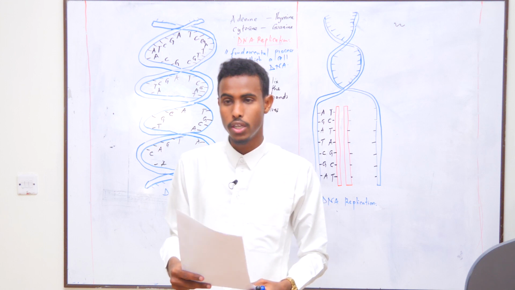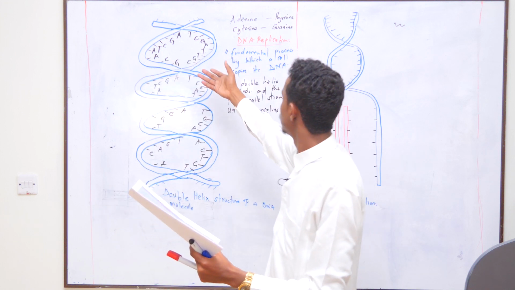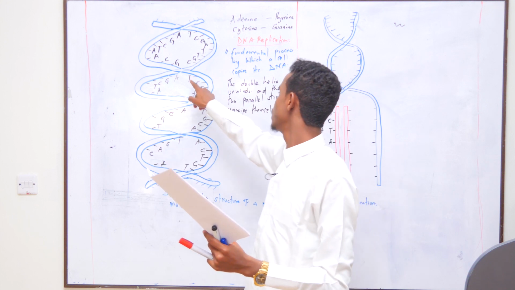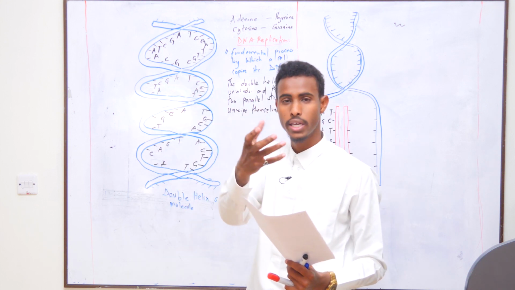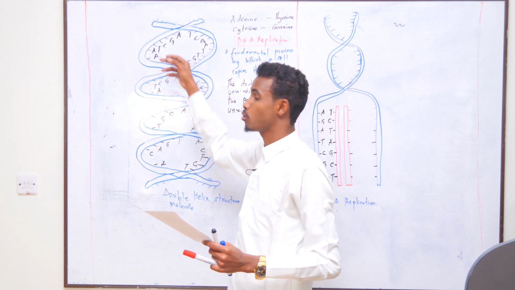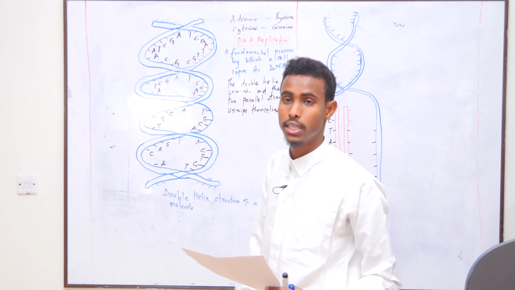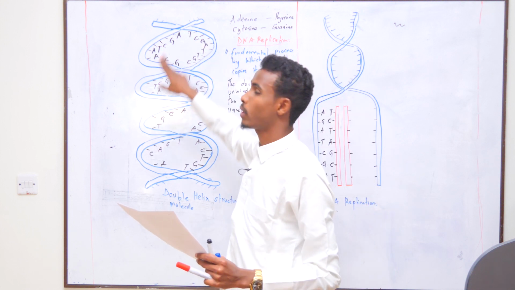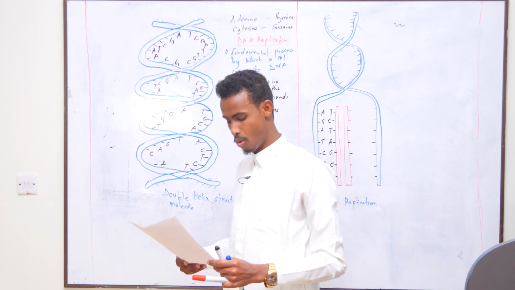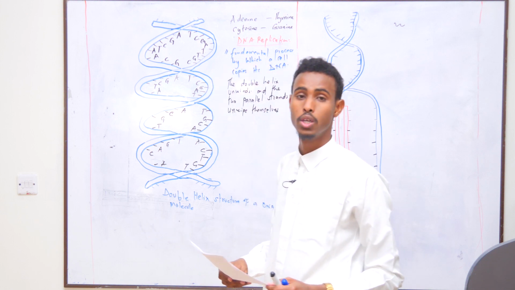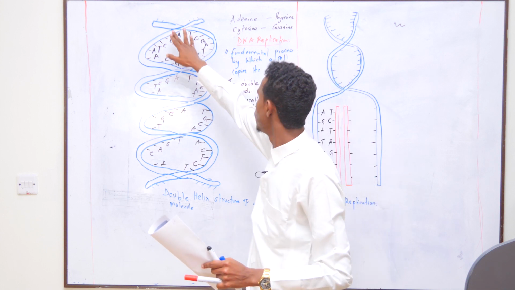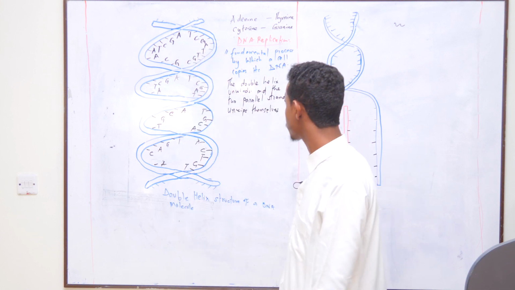Therefore, the reason the double helix structure unzips and unwinds is the presence of the weak hydrogen bonds. Once they are broken, the two parallel strands will open up from one another, and each strand will be free from the other.